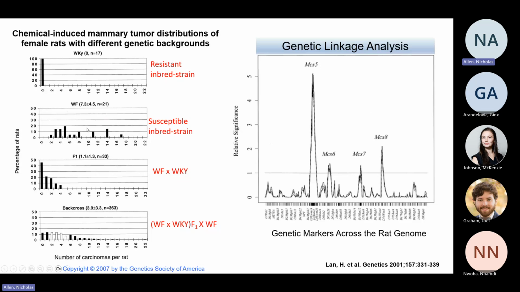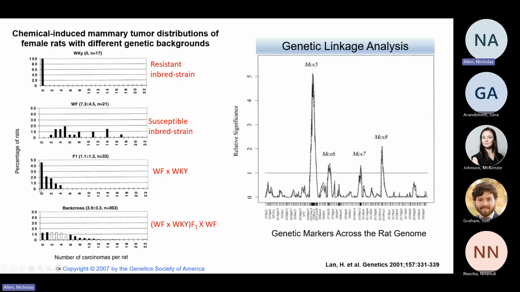Make a cross, right? This is similar to what Mendel did when he crossed pure lines of peas, right? And he saw yellow and green peas. So he called that an F1. So this is the filial generation 1, the hybrid. So it's 100% heterozygous across the board, right? It has one chromosome from the Worcester Firth and the other chromosome from the Worcester Kyoto.